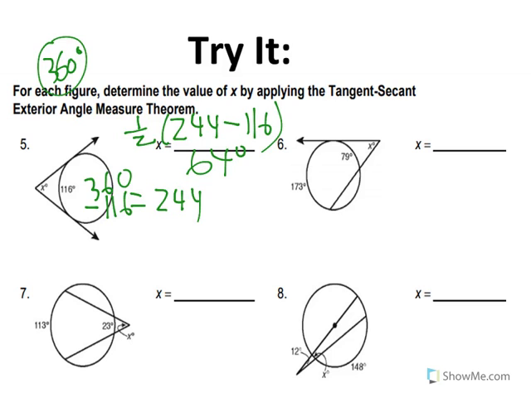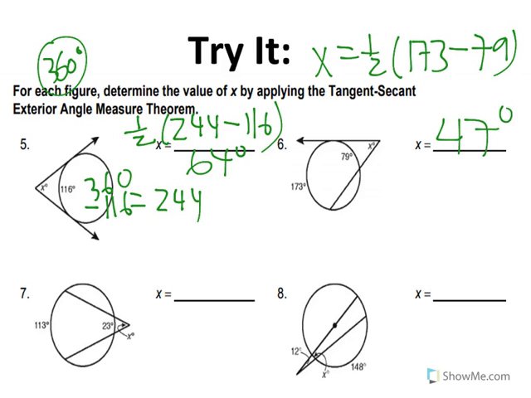And similarly, we can do number 6, so then x is equal to 1/2 of 173 minus 79. So x is 47 degrees. Right.